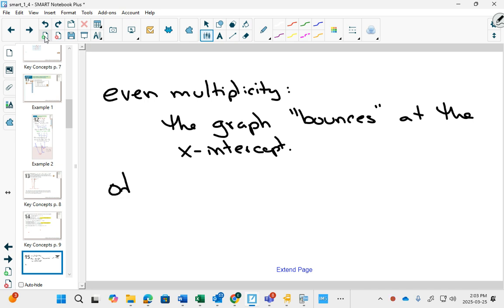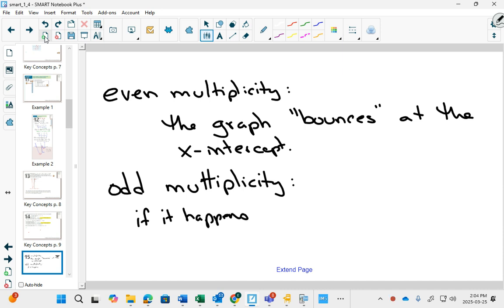Then odd multiplicity: if it happens only once, that's an odd number, right?